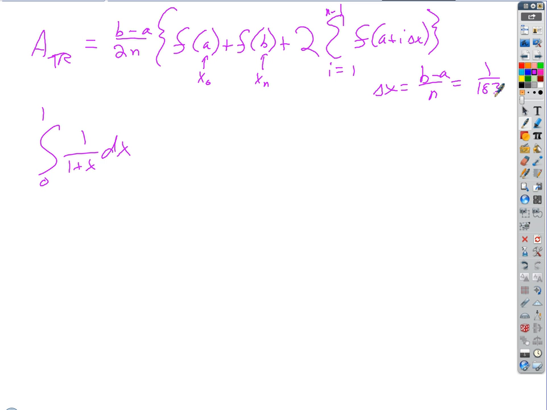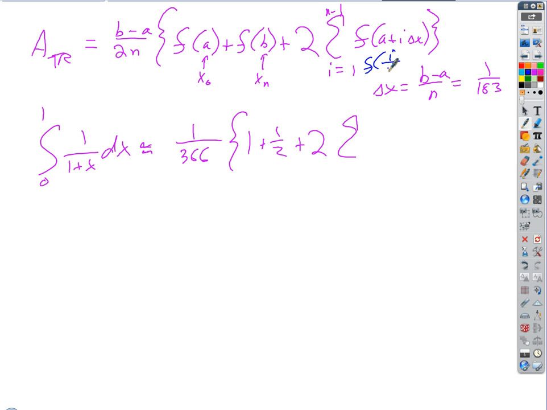Okay, so then ours is going to look like, what then? It's approximately 1 over 366, which is 2 times n, times the value of our function at a. What's the value at 0? It's just 1. Value at 1 is 1/2, right? Plus 2 times the sum of f of 0 plus i times delta x.